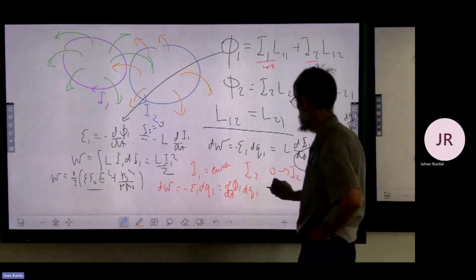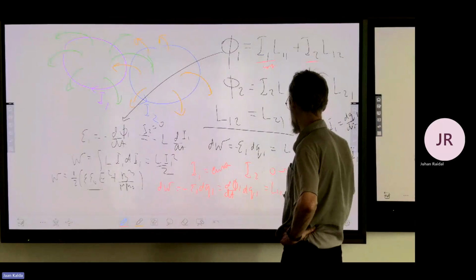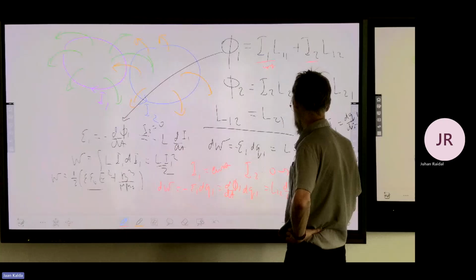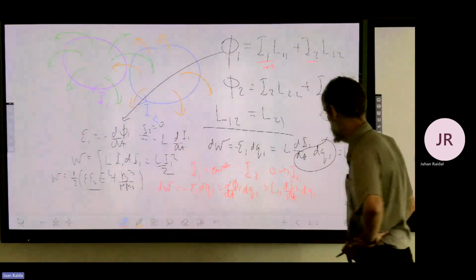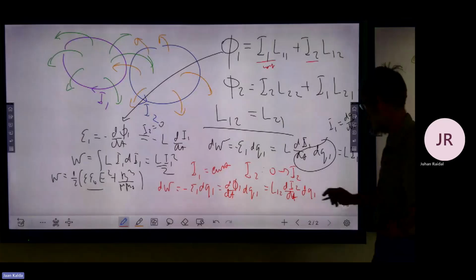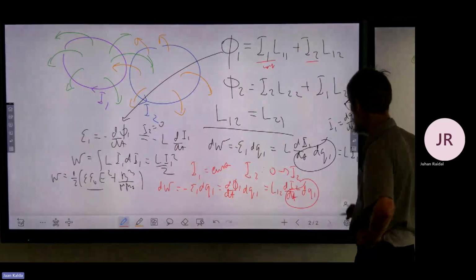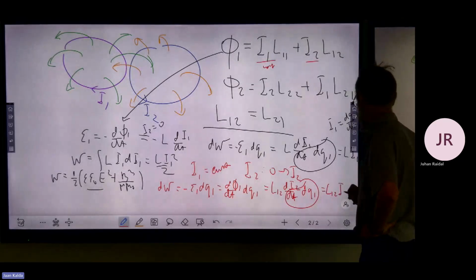So this will be now L12 di2 over dt dq1. And we do the same thing, combining dt with dq. Then we have L12 I1 di2.